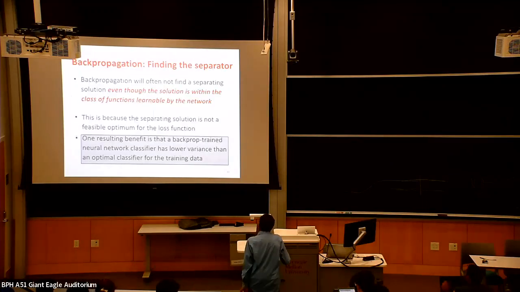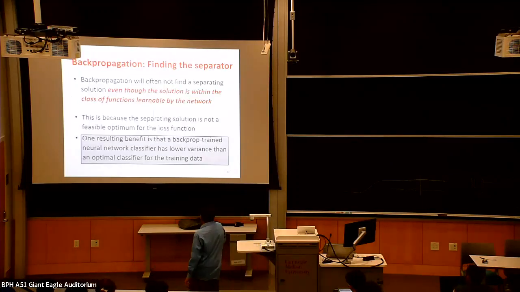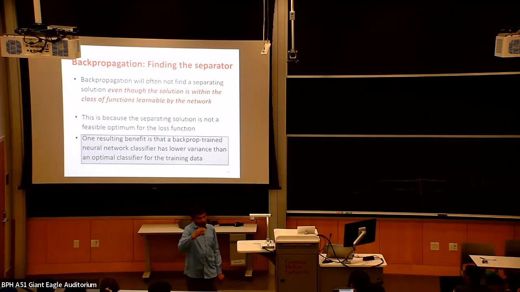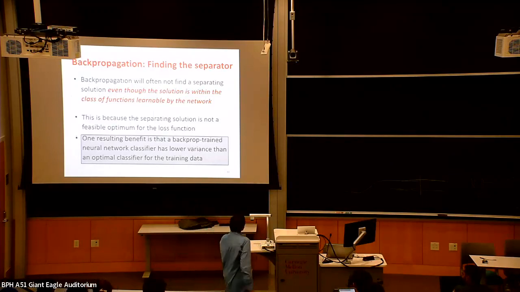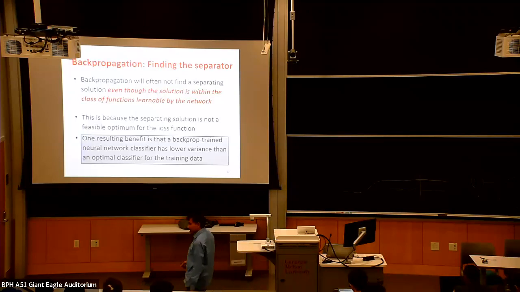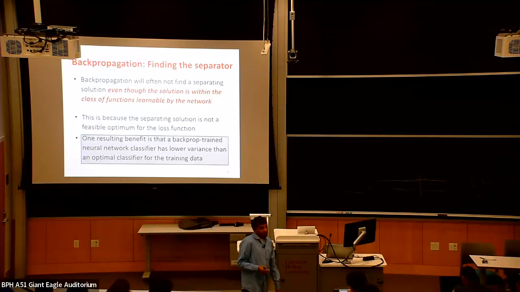So backprop will often not find a separating solution, even though the solution is within the class of functions learnable by the network, like in the case of the linear separator. This is because the separating solution is not a feasible optimum for the loss function that we are looking at. The loss function for backprop is not classification error, it's a proxy to classification error, and where it has a minimum may not be where the classification error itself has a minimum.